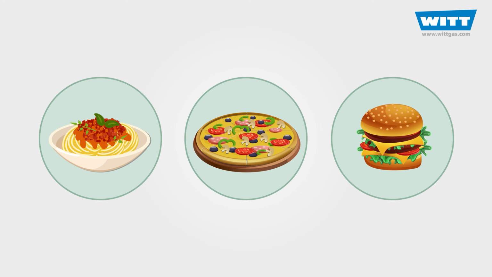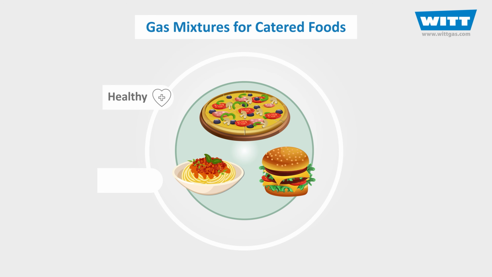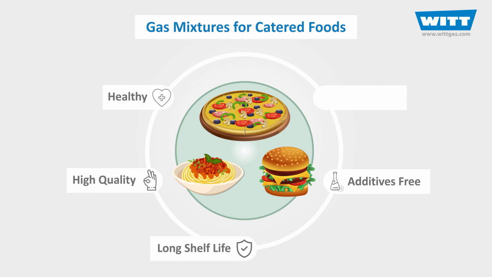With ready meals and catered foods, customers expect healthiness and high quality with long shelf life, without chemical additives, with minimal preparation. In order to meet these demands, atmosphere control combined with the correct temperature is the best solution.